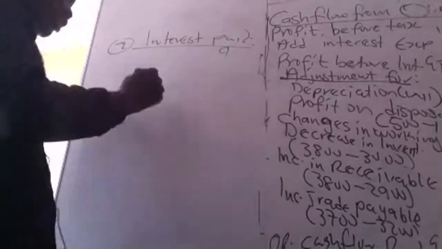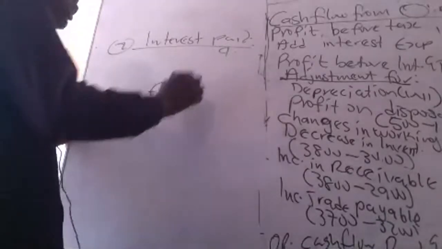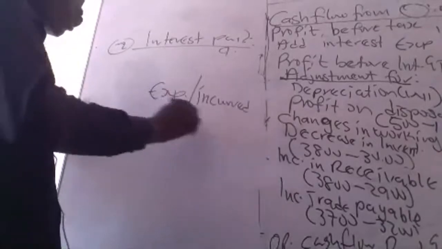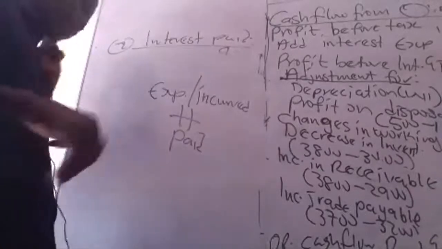Good, the interest paid. Now what do you do? You check the current liability. Check and see if they are owing interest, because we have interest expense, which is the same as what? Interest incurred. But it's not equal to what? Interest paid. Oh wow. Sometimes it's not equal to.